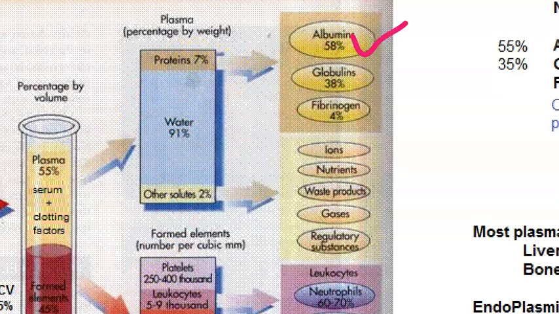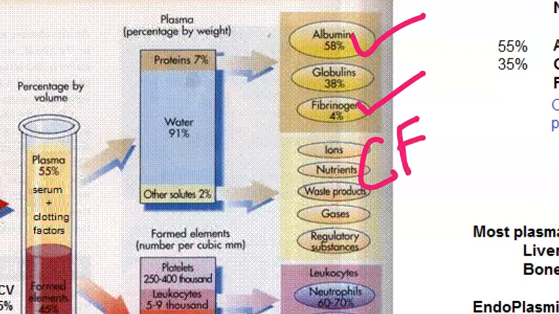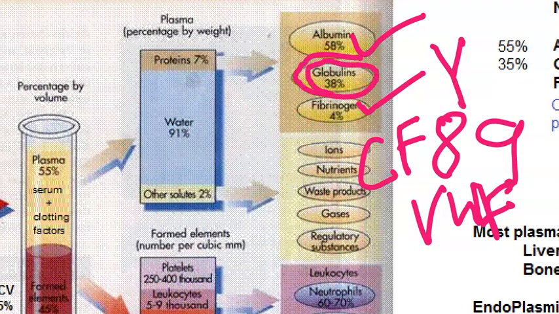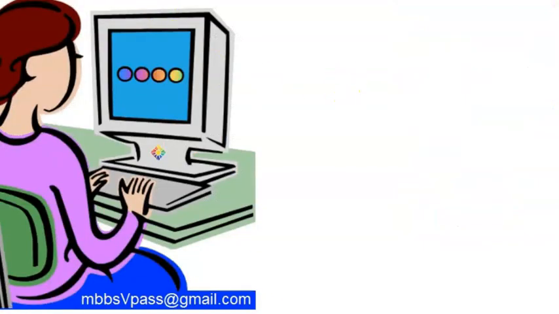You can get human albumin also from plasma, right? Fibrinogen you can get from plasma. What else they were telling about? Clotting factors, right? Clotting factors also you can get from plasma, like clotting factor 8, 9, Von Willebrand factor. And then you can get a lot of antibodies, globulins. So that globulins they have written here, immunoglobulins, right? All this you will find in plasma. So understood all the blood components, blood products, everything you have understood.